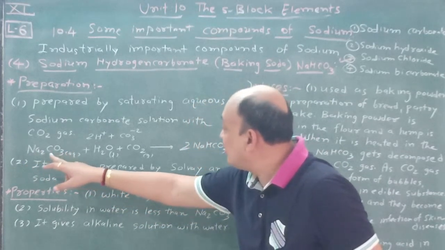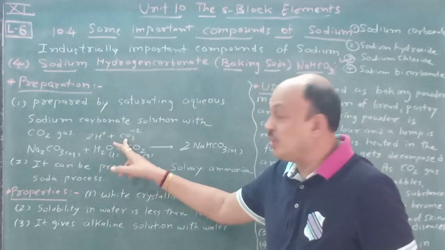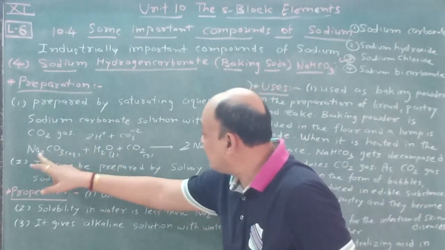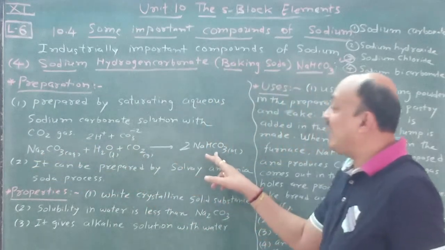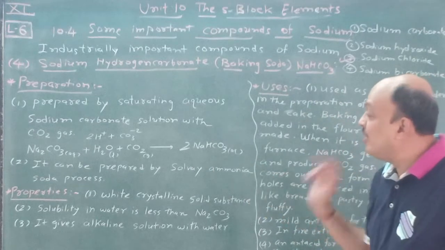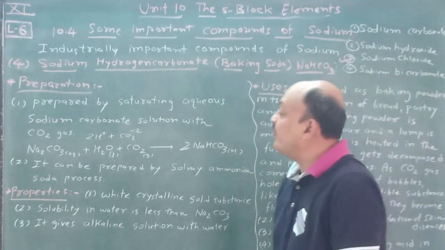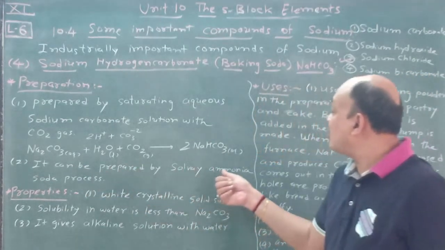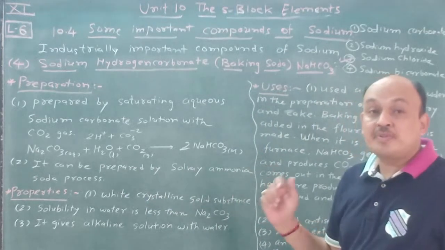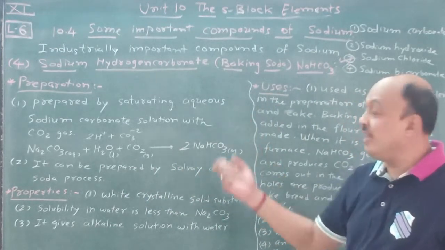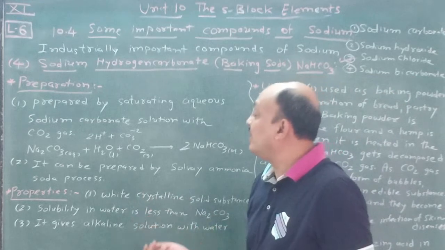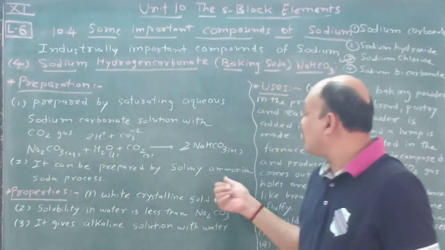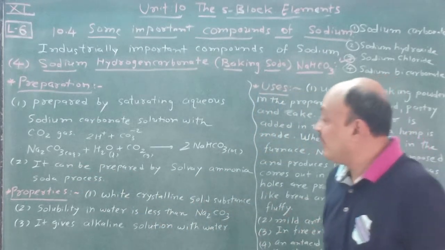So it gives twice NaHCO3. It's very easy. And it can also be prepared by the Solvay ammonia soda process, which we learned earlier.